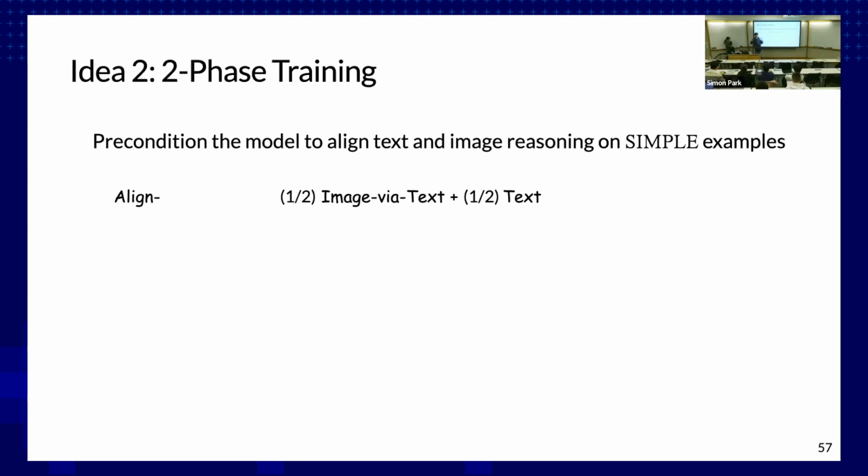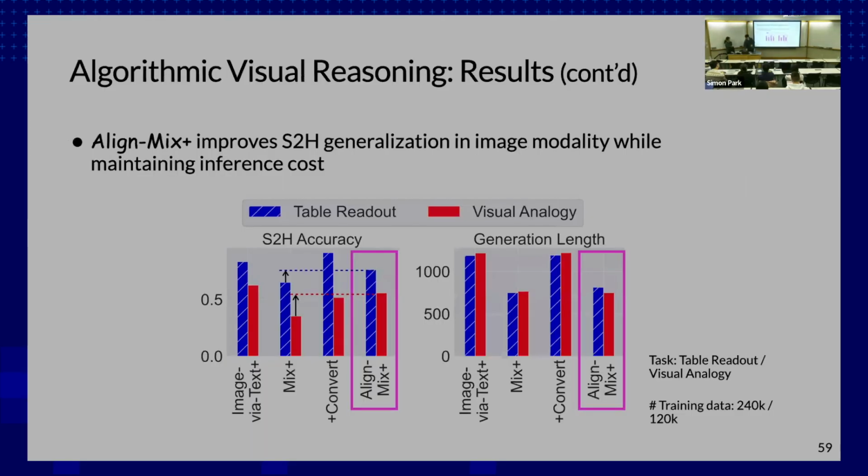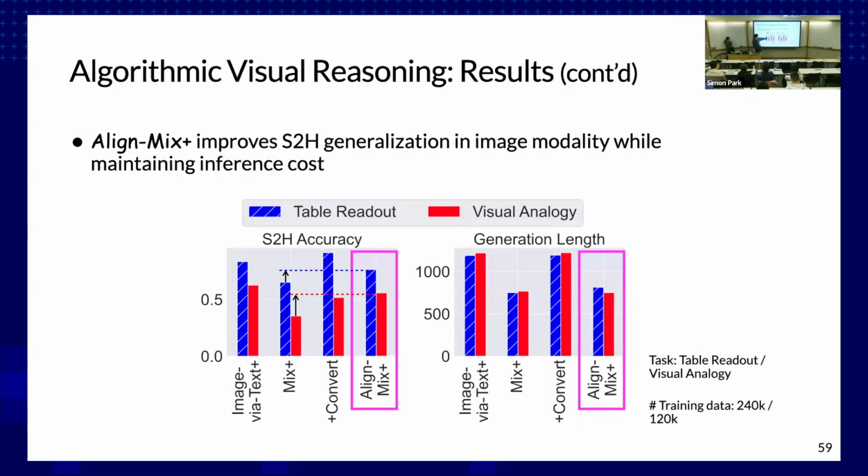And so the model gets to see both examples and internally aligns the understanding of the two different modalities. It's very short. And we continue on with the mix plus supervision that we have. And doing this is able to improve from mix plus to this aligned mix plus while maintaining the inference cost in the end, because the model's default behavior is to not convert to text first.